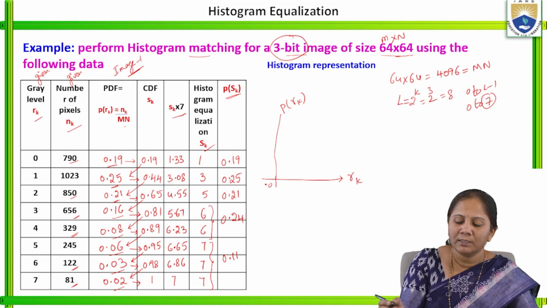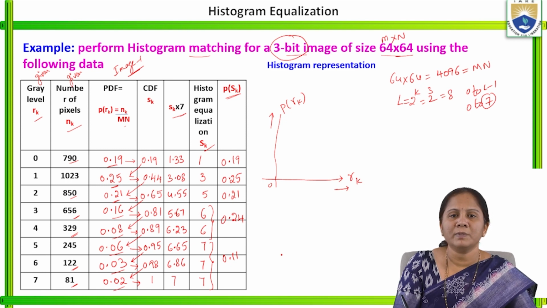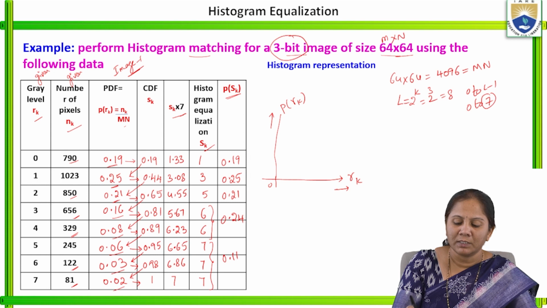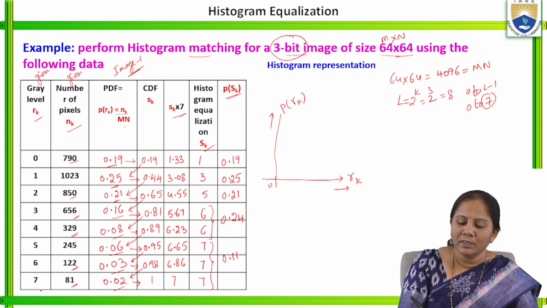RK represents gray level and P of RK is probability. Histogram representation means the image is represented in graphical form. Here RK values range from 0 to 7, so we will have 0, 1, 2, 3, 4, 5, 6 and 7.